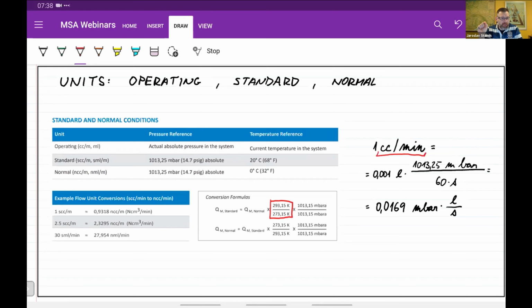I would caution here, this conversion based just on temperature only deals with the viscosity of the liquid or gas which is escaping, which is leaking, and not the geometrical difference in the measured object.